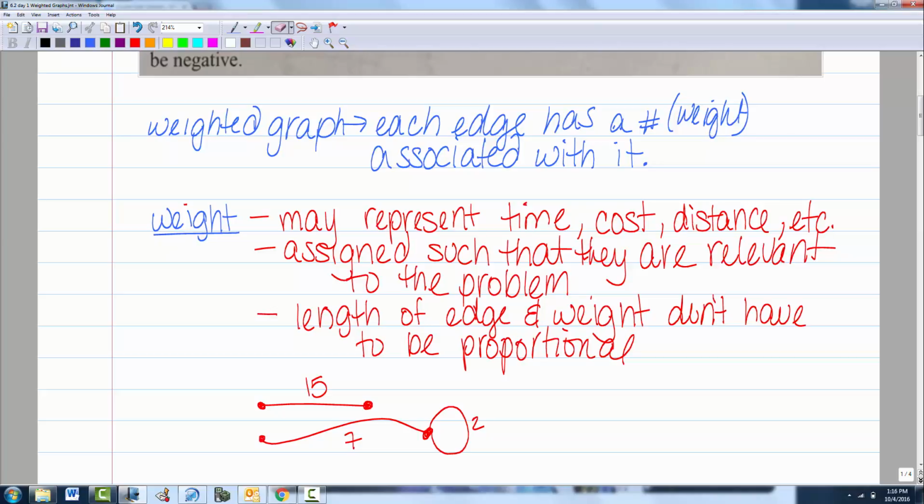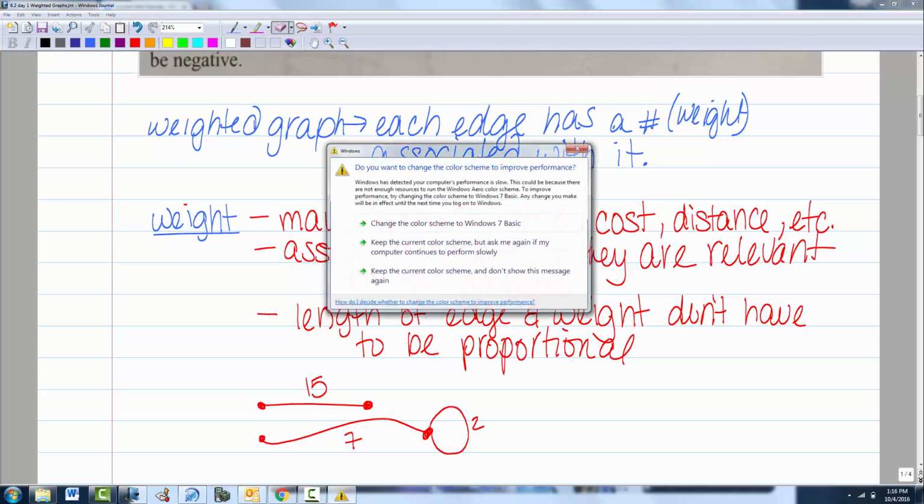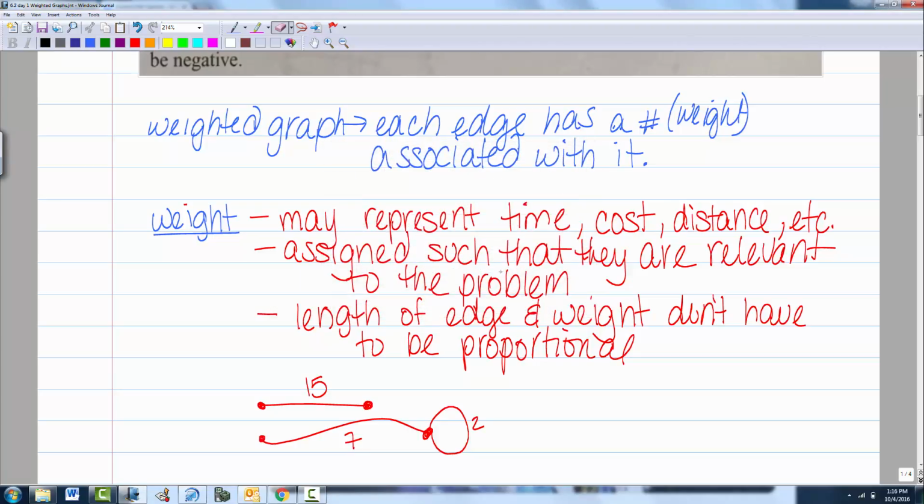Planes traveling, in those cases, would be distances that we put on the edges. So it may represent time, cost to do something, or a distance. The length of an edge and the weight don't have to be proportional.